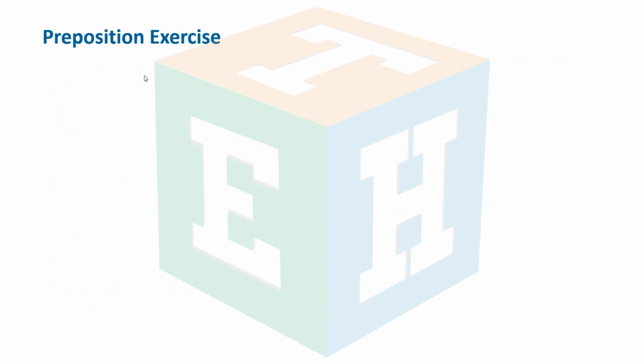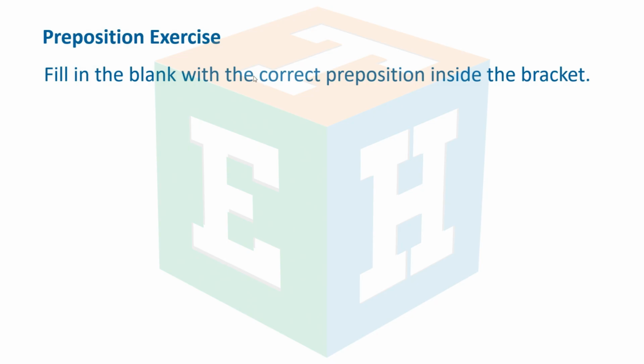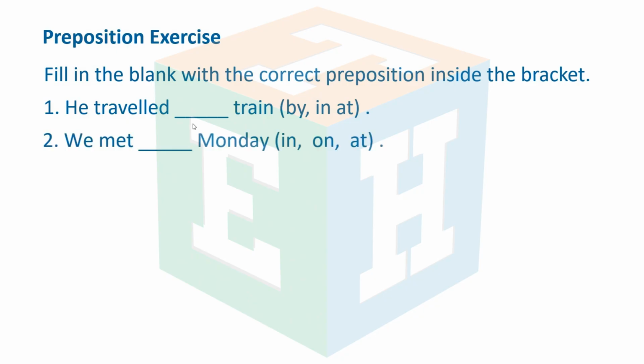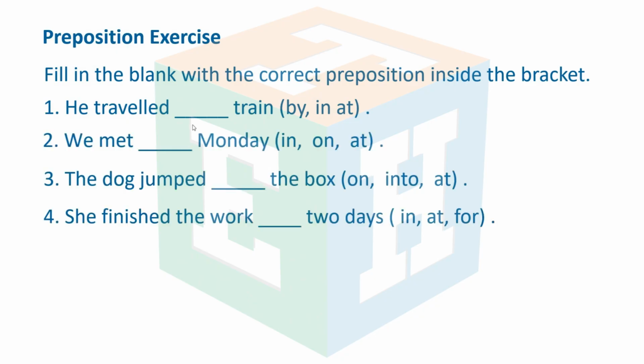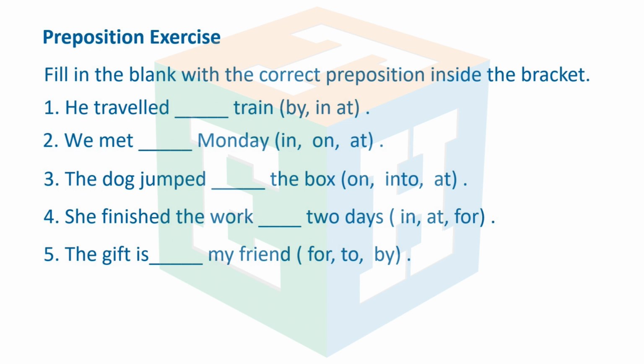Preposition exercise. Fill in the blank with the correct preposition inside the bracket. Answer number 1. He traveled by train. Number 2. We met on Monday.